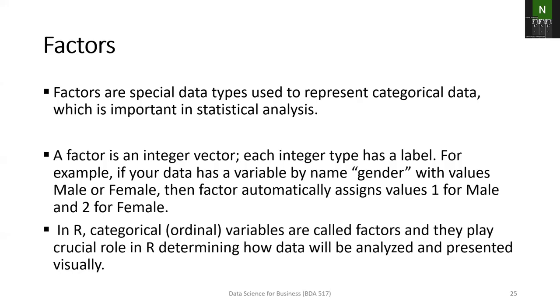When we say something is categorical data, it means that it is data that is distinct. It can be counted distinctly, or it can be grouped.